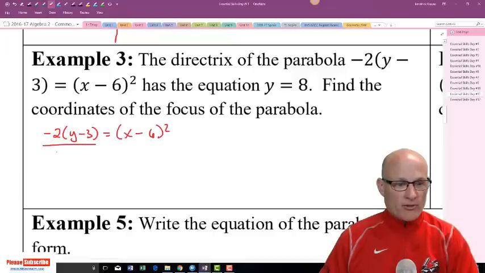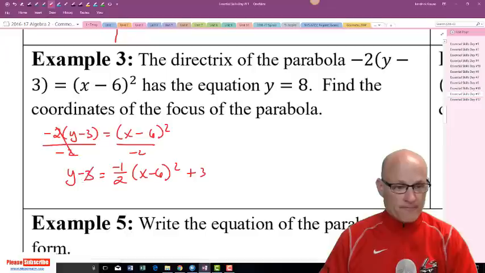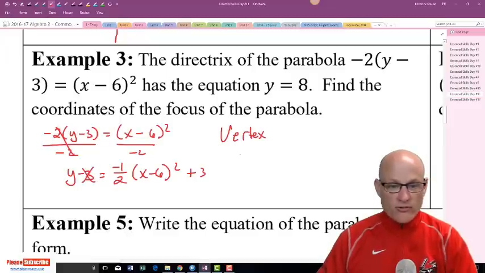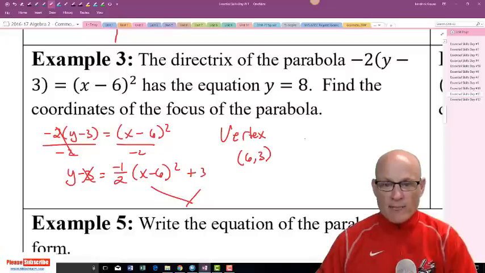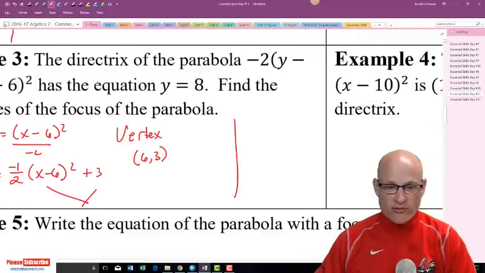The first thing I'm going to do is divide by -2. So I get y - 3 = -1/2 (x - 6) squared. Now bring over the 3, plus 3. So my vertex is (6, 3), because I get it right here. That's vertex form.